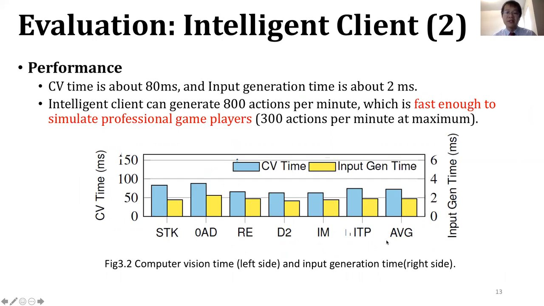From this figure, CV time is about 80 milliseconds, and the input generation time is about 2 milliseconds. As a result, our Intelligent Client can generate 800 actions per minute, which is fast enough to simulate professional game players, 300 actions per minute at maximum.